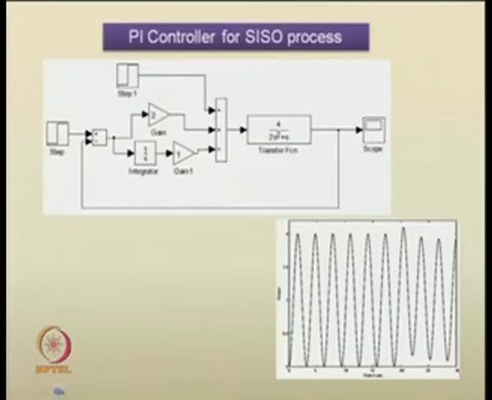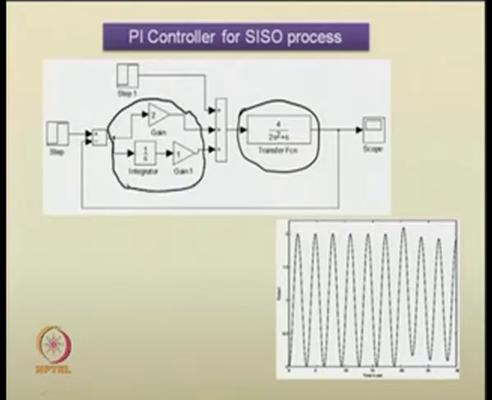Coming to the PI controller for a SISO process. Here we have a SISO process given by the transfer function 4 upon 2 s square plus s, and a PI controller given by the proportional gain 2 and the integral gain 1.